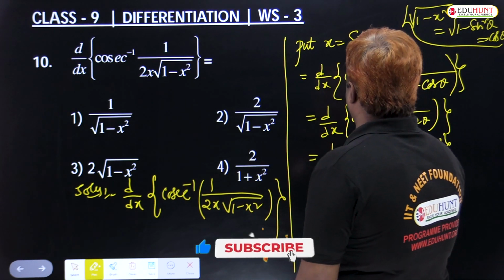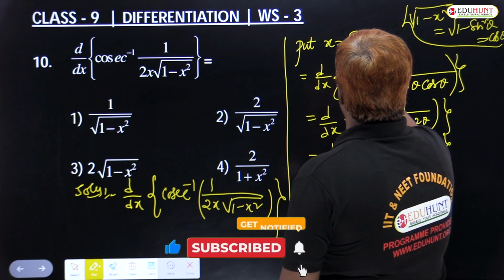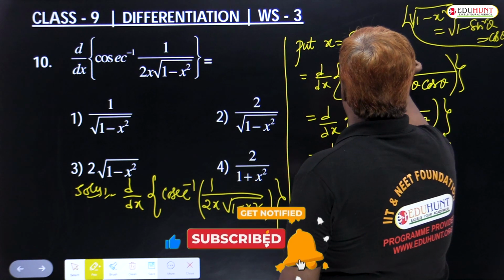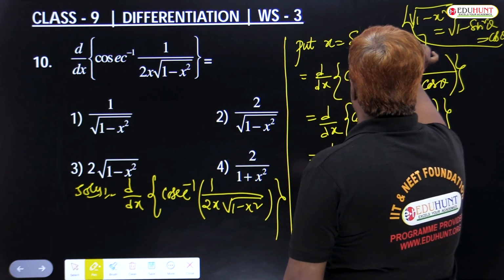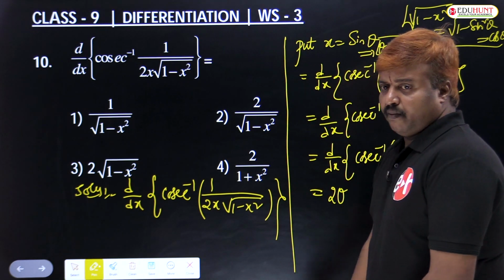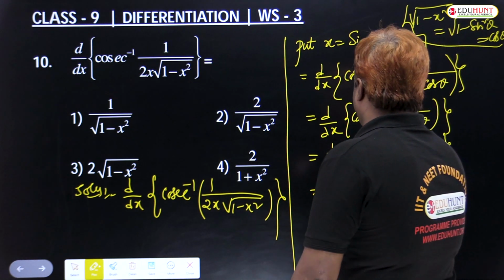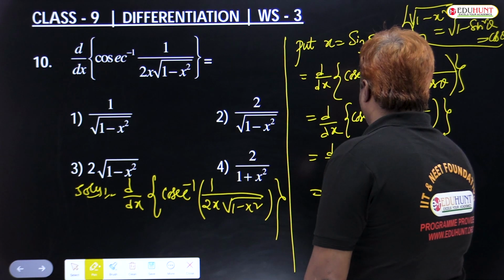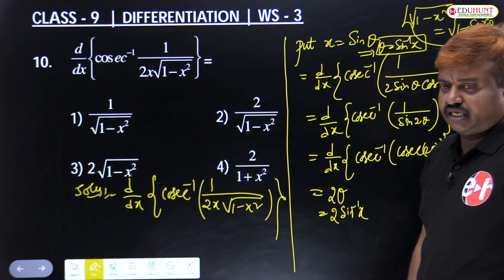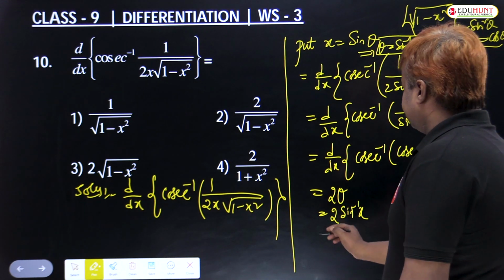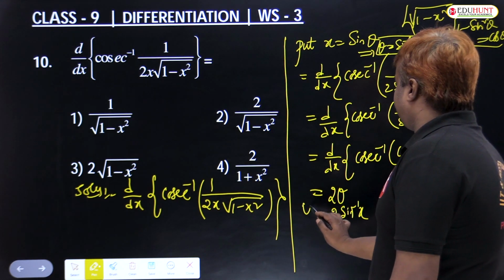What about theta? Theta is nothing but sin inverse x, from the substitution x equal to sin theta. Now you can take this value as 2 into sin inverse x. So this is the value of y.